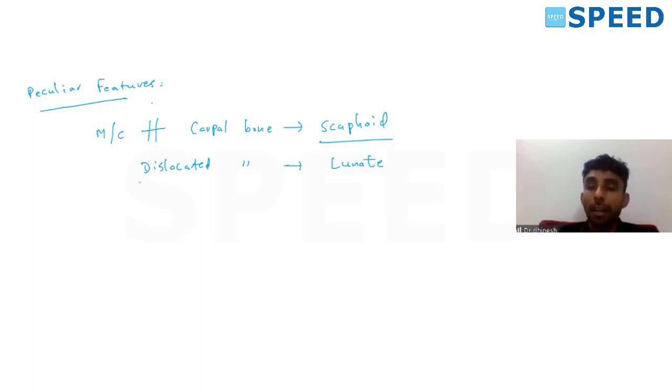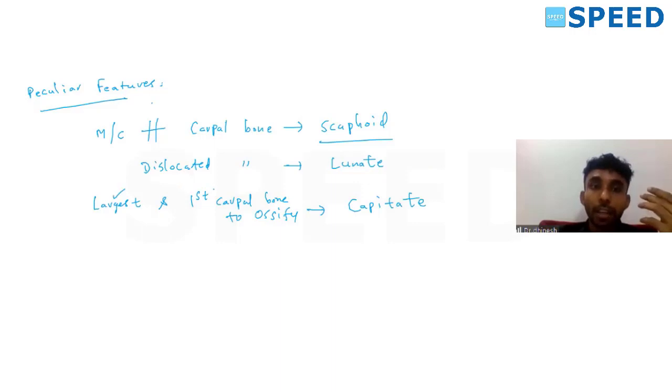And answer my question, which is the largest carpal bone, as well as the first carpal bone to ossify? Ossify means formation of bone, ossification. Any idea? Exactly. The answer is capitate. Capitate is the largest carpal bone as well as the first carpal bone to ossify in our body.